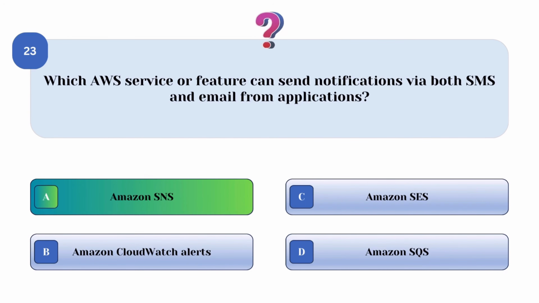Explanation: SNS is a fully managed pub/sub messaging service that supports SMS, email, and HTTP/HTTPS notifications. Why others are incorrect? CloudWatch alerts: used for monitoring and triggering alarms, not multi-channel messaging. SES only supports email, not SMS. SQS: queue system, doesn't send direct notifications.